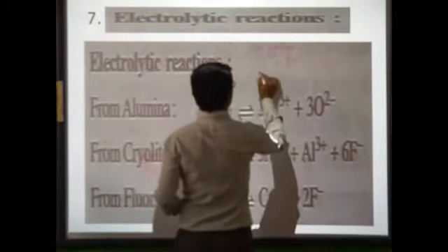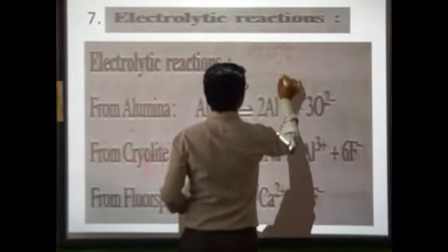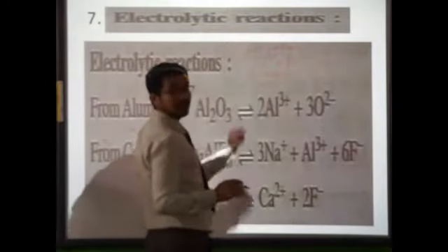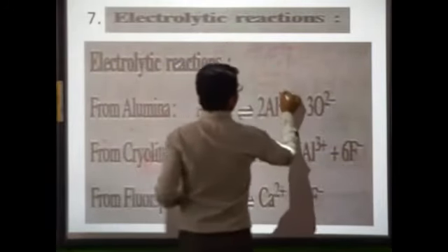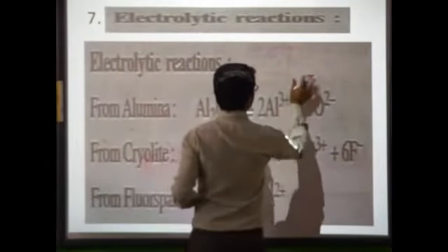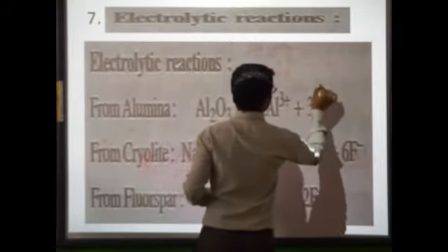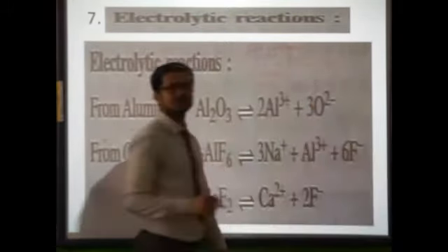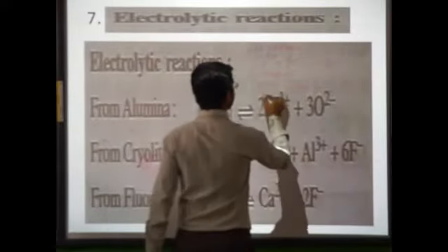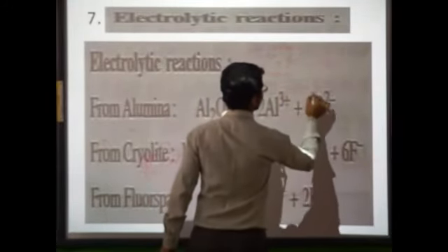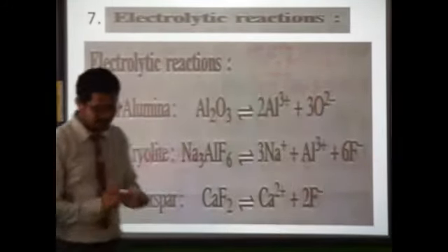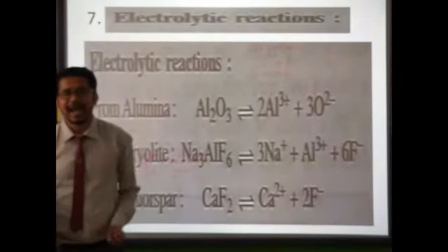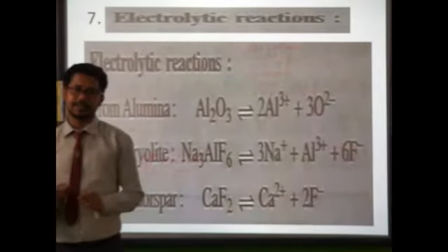And at the anode, what happens? The oxide ion gives 2 electrons and becomes oxygen, and this oxygen plus oxygen makes O2. That means aluminium is deposited at the carbon lining.